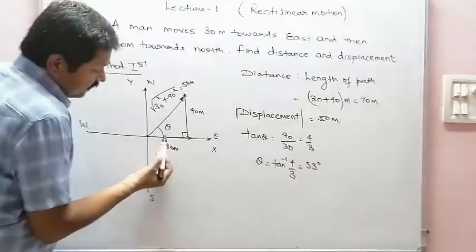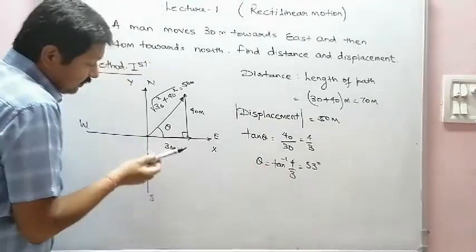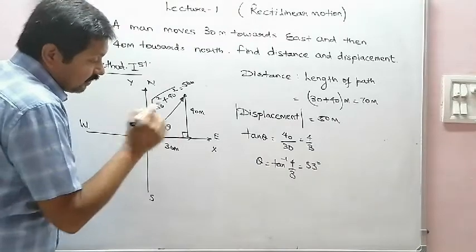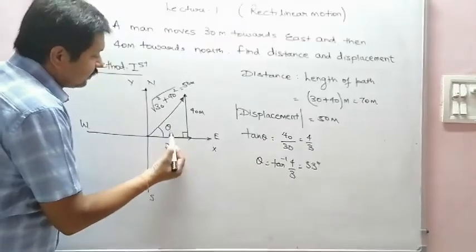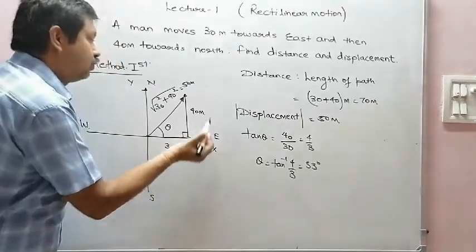Now we will discuss the direction. So theta comes out to be 53 degree. So how we will represent it? The direction of displacement will be 53 degree from east towards north.